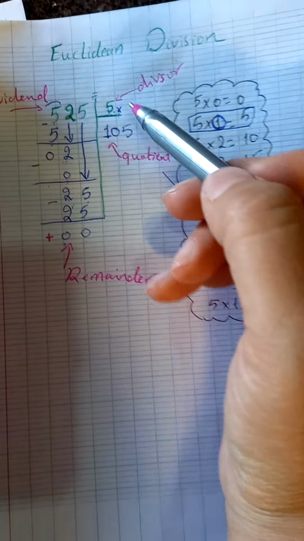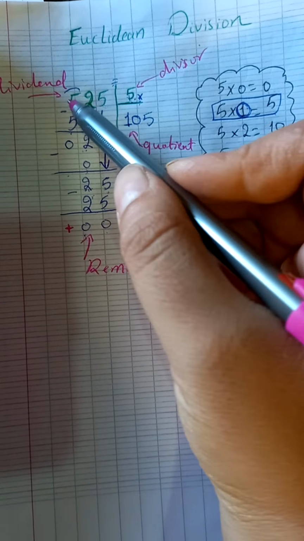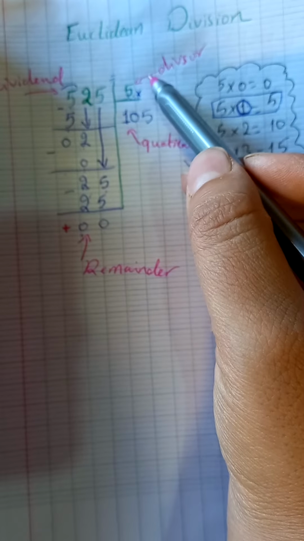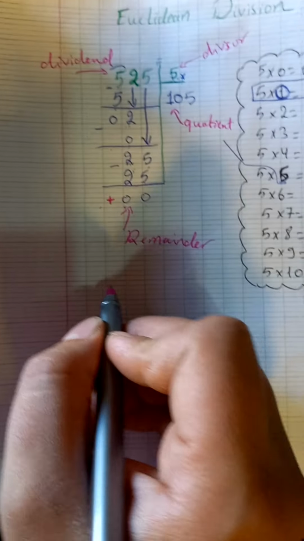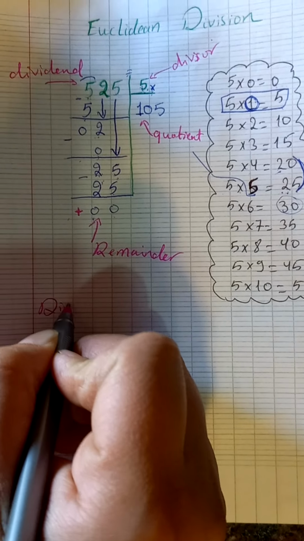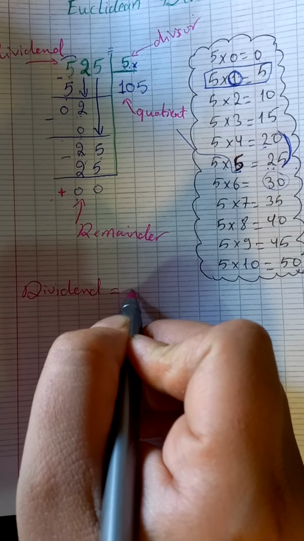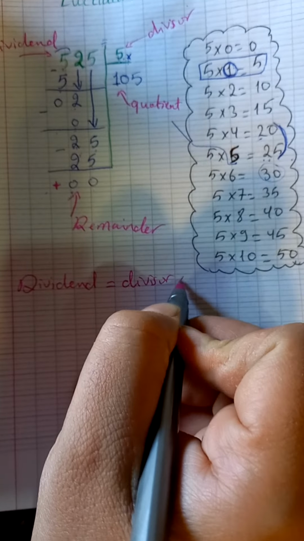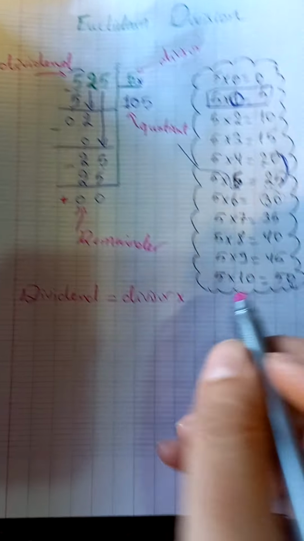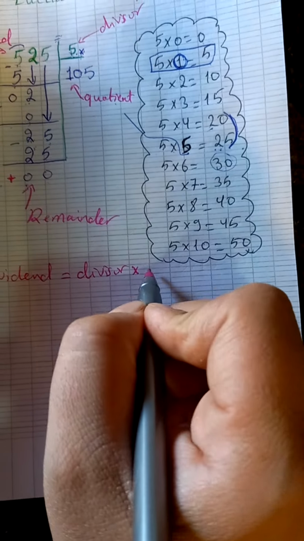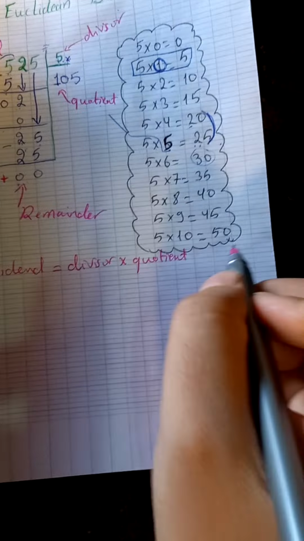The Euclidean equation is written as dividend equals divisor times quotient plus remainder. I will write it here. So dividend equals divisor times quotient plus the remainder.